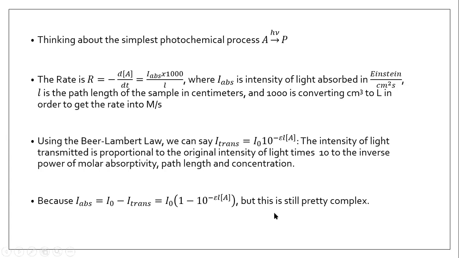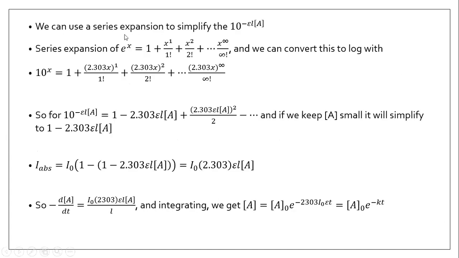This is still a pretty complex equation. Now, we can use a series expansion to simplify this. A series expansion says e to the x equals 1 plus x to the first over 1 factorial, plus x squared over 2 factorial, and so on to infinity.